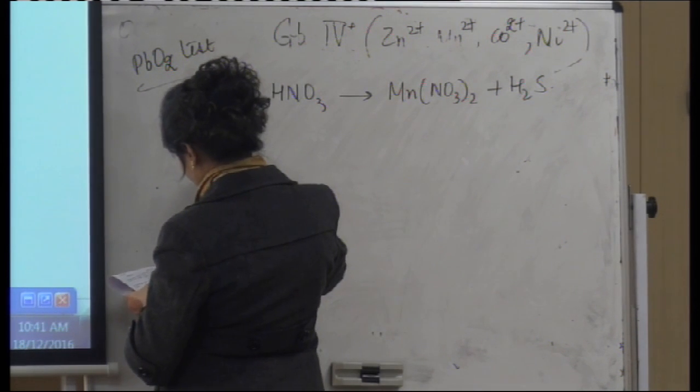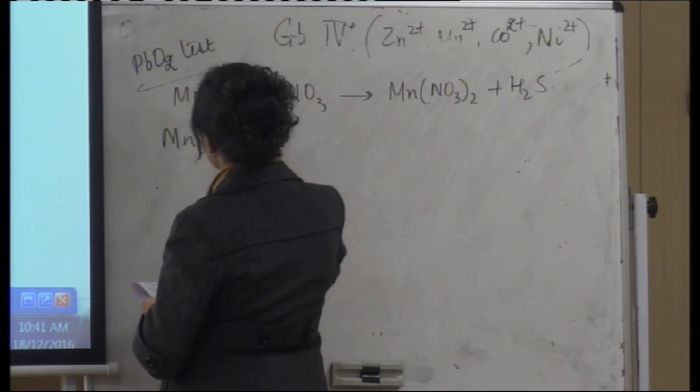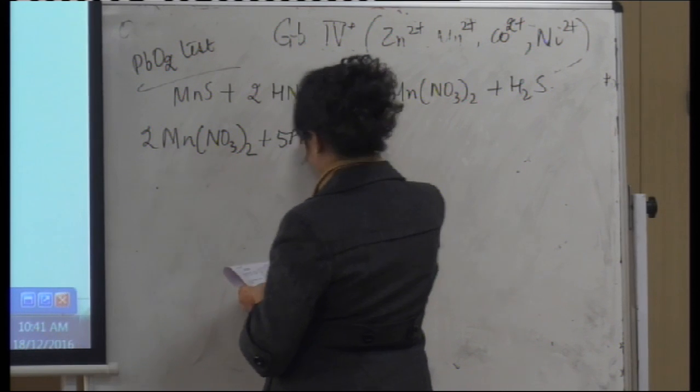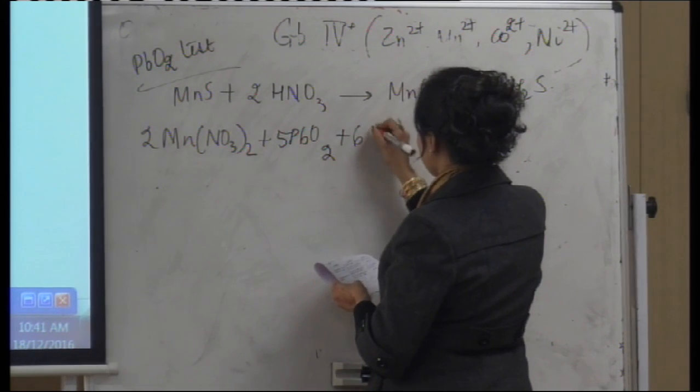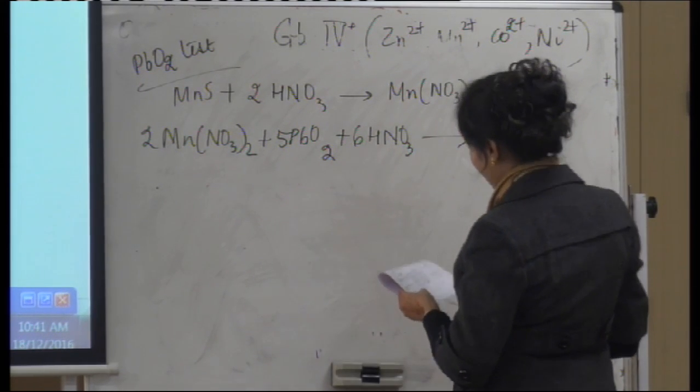So here you have 2 Mn(NO3)2 plus 5 PbO2 plus 6 HNO3. Alright, so it's a combination of HNO3 and PbO2.